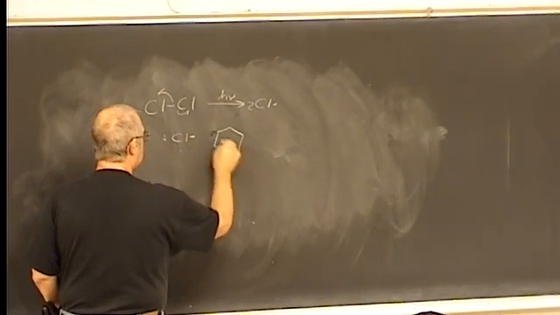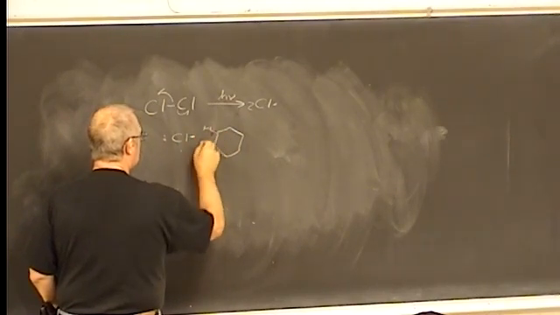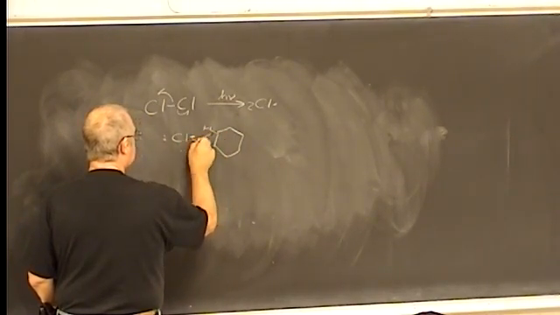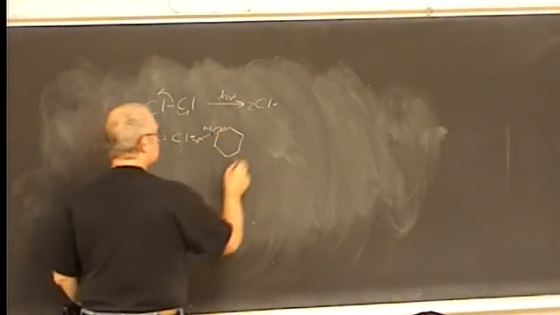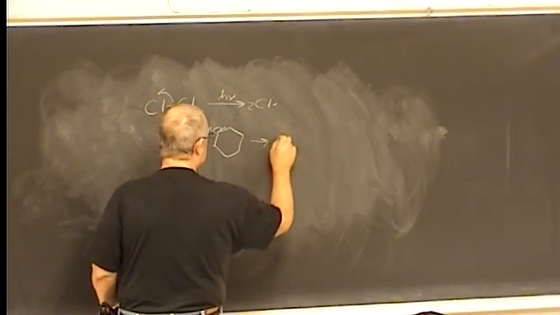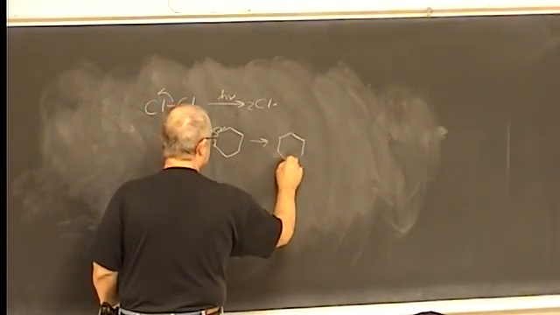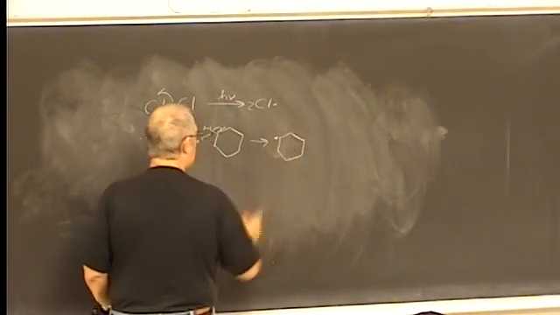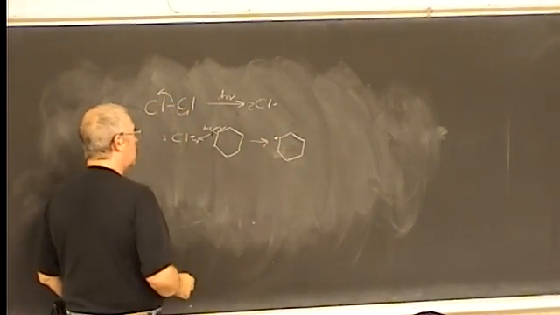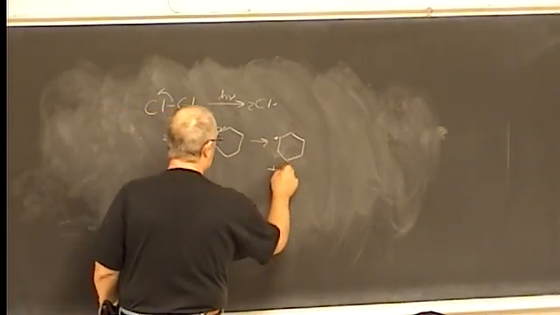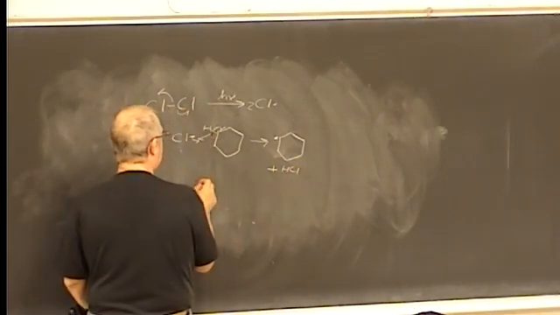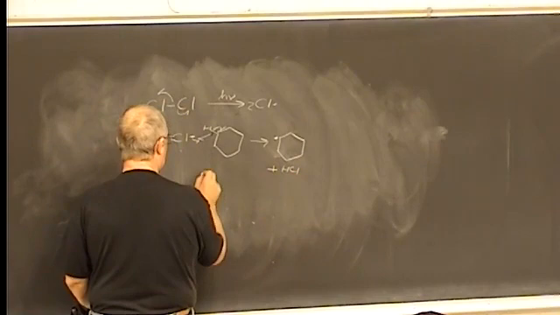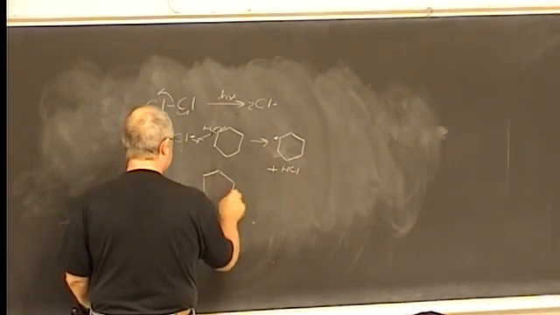We use cyclohexane here. Okay, that gives us a cyclohexyl radical and HCl. Okay, and then we have another propagation step.